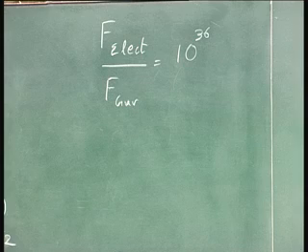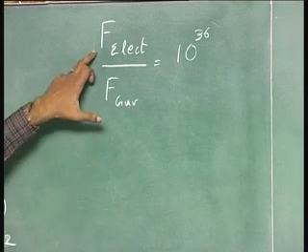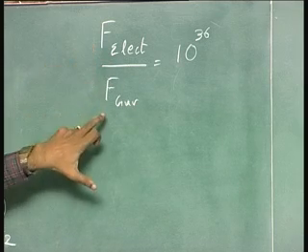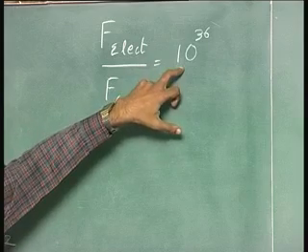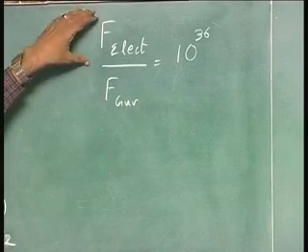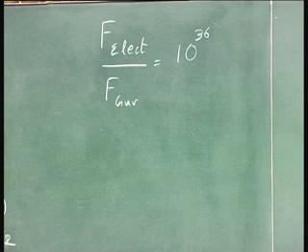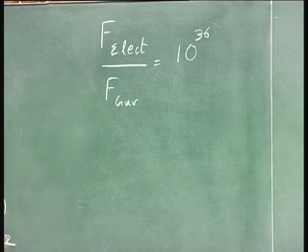That is, if you take 2 protons, and look at the force due to electrical forces between them and the force due to gravitation between them, there is a factor of 10 to the 36. The electrical force is 36 orders of magnitude stronger. If you took electrons, that is something like 10 to the 43. So, these are huge numbers.